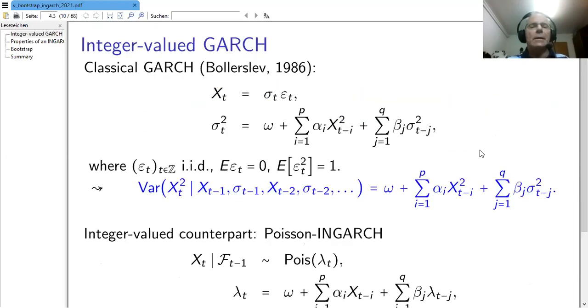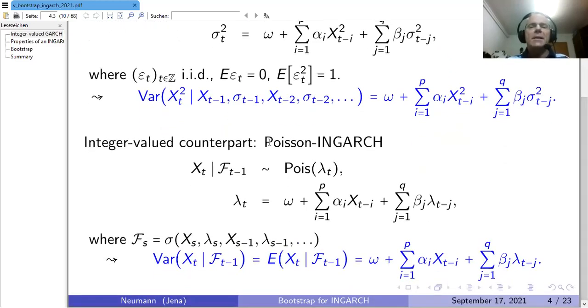So in the case of integer valued random variables, there's a close counterpart to this classical GARCH model. In most cases, this is the most popular assumption: it is assumed that the conditional distribution of an observed random variable X_t of such a count variable is a Poisson distribution, and the intensity of this Poisson distribution is itself random and has a structure similar to the structure seen in the classical GARCH model.